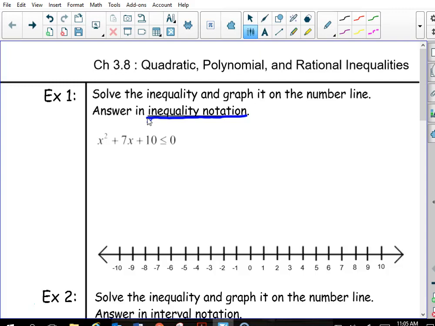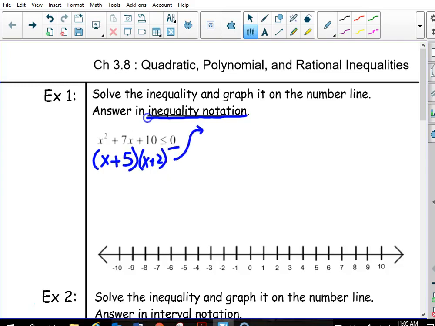Okay. So here's how these work. First of all, we're going to find the critical points, and this one starts out with a 0 on one side. We're always going to have a 0 with all of these kinds of functions, or we're going to get there at any rate. On this one, though, it's really easy to factor. And this gives us our critical points.